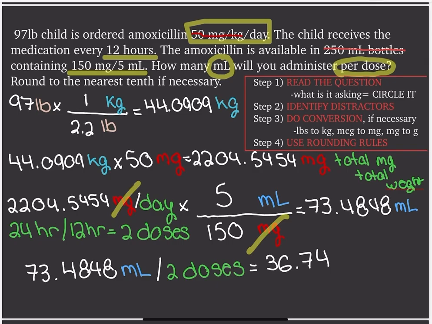And that gives us 36.74 mLs per dose. Now step 4, very important, use your rounding rules. Go to the nearest tenth, so that'll be 36.7 mLs per dose.